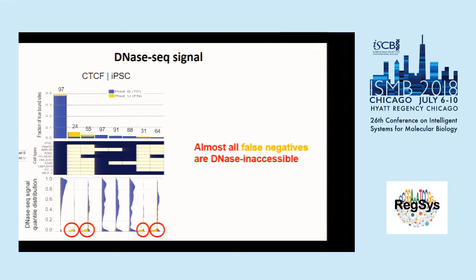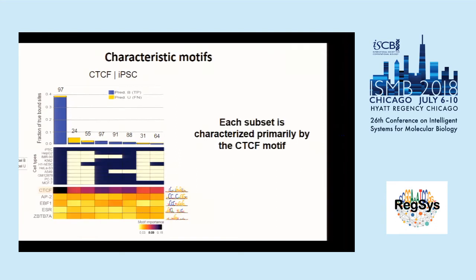They also happen to be in the cell type specific sites. And probably not a surprise, we can also plot the motifs which discriminate each subset from the rest of the genome. In this case, each subset is characterized primarily by the CTCF motif.